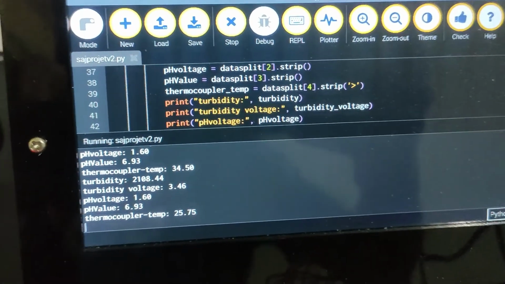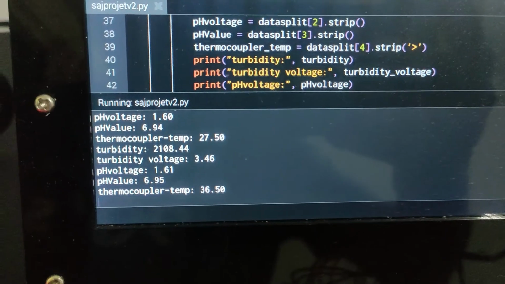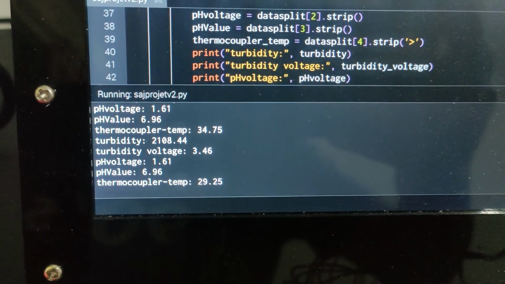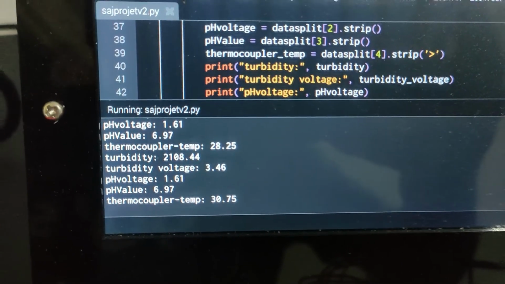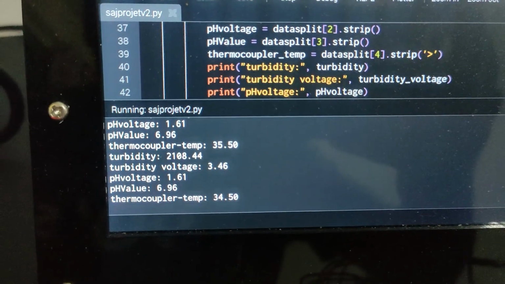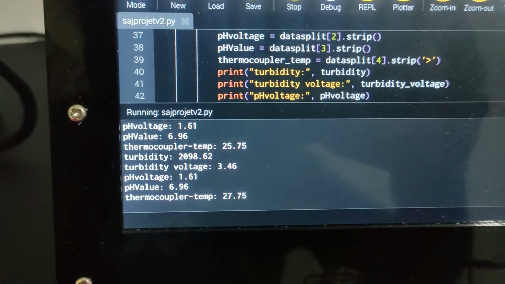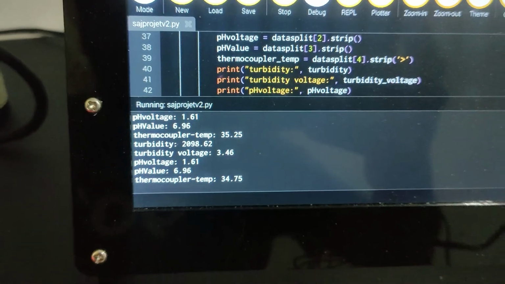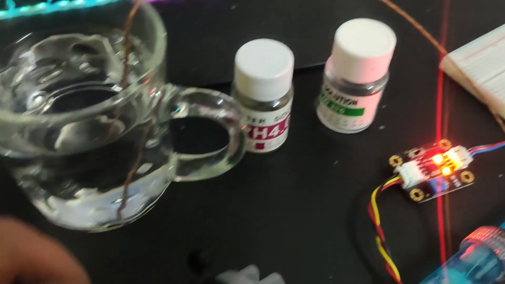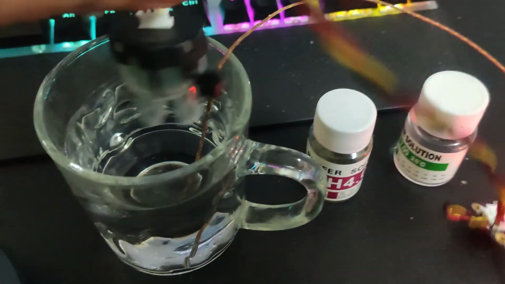And this one is the monitor where I can see the voltage is updating. The pH value is currently 6.97. It's going up because I've turned this off. Let's see the turbidity of the water.